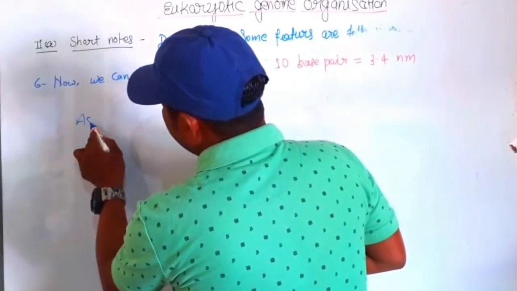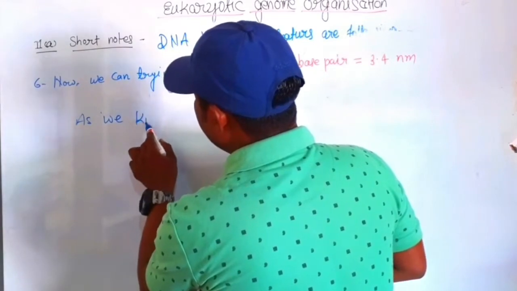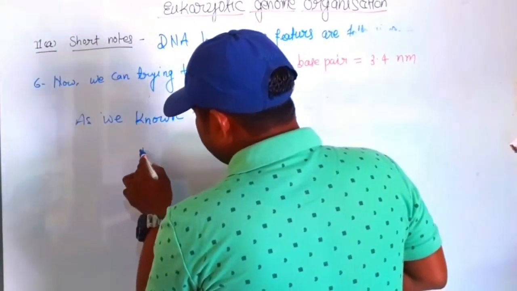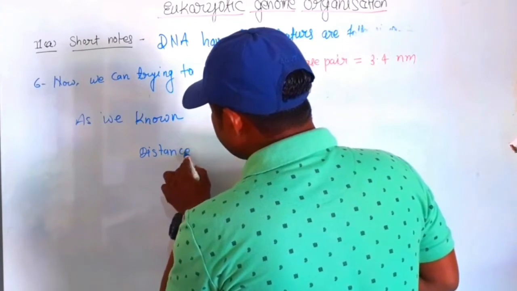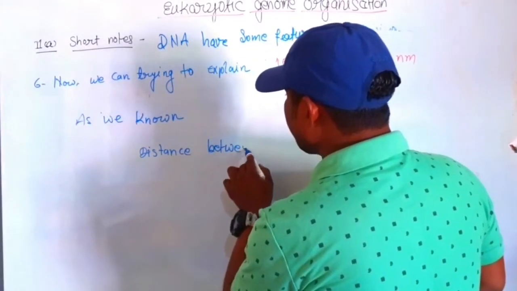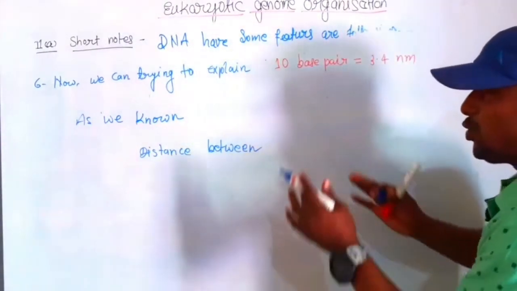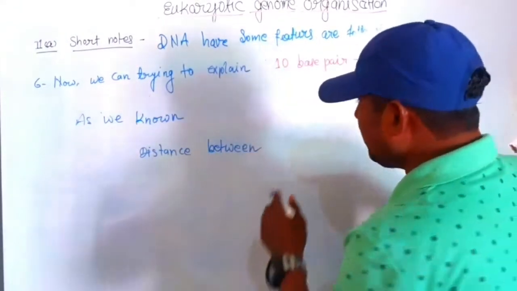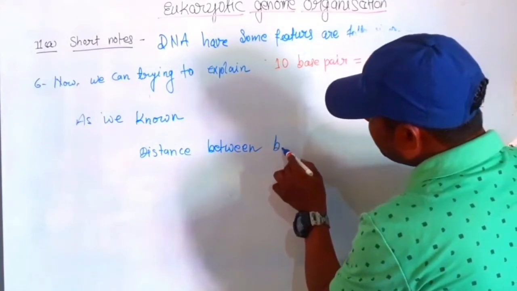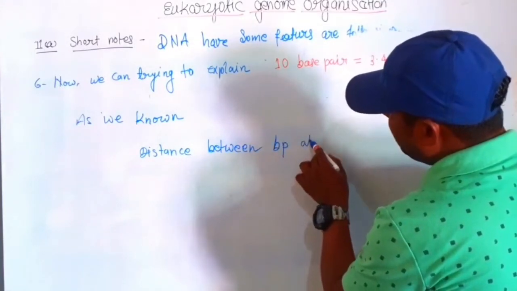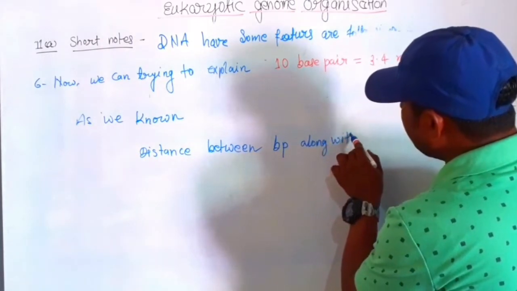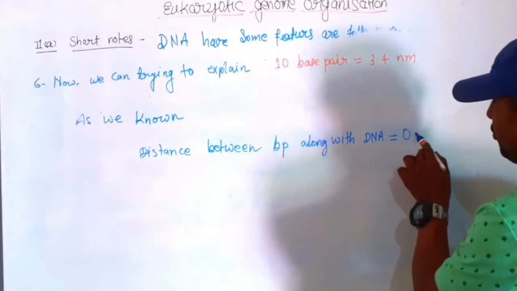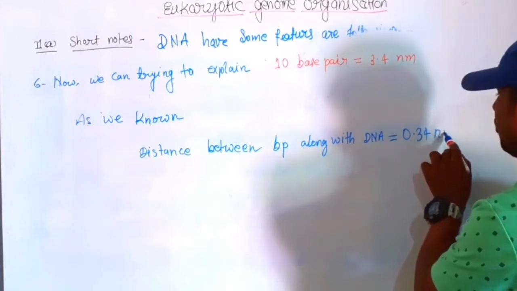As we know, the distance between base pairs along the DNA is equal to 0.34 nanometer.